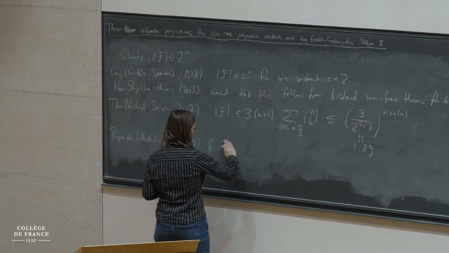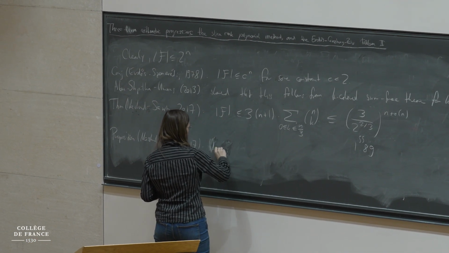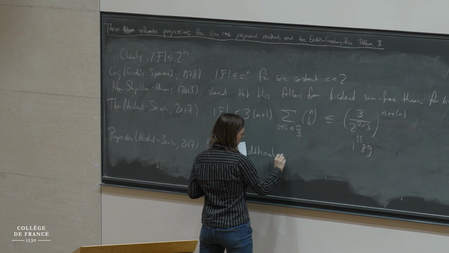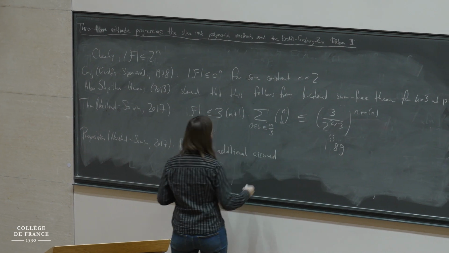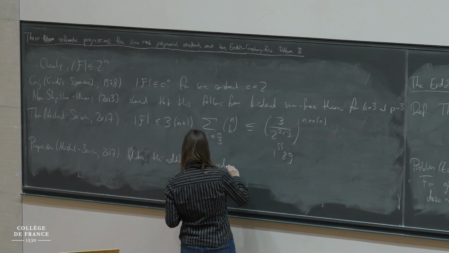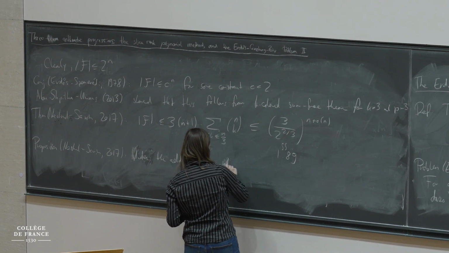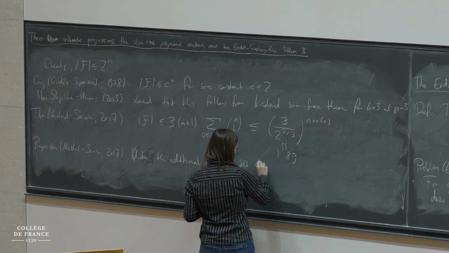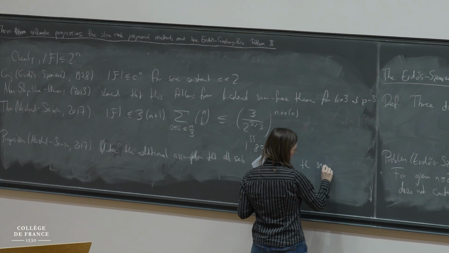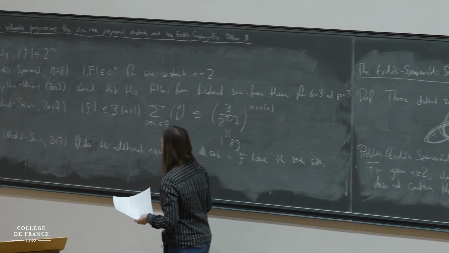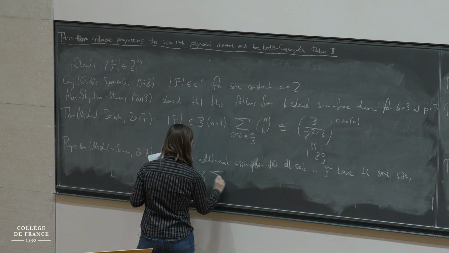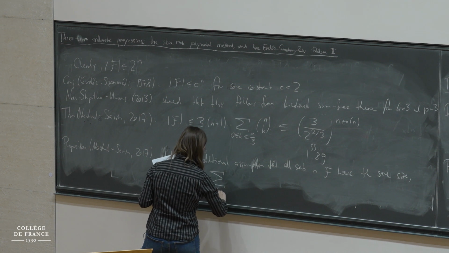So let's say under the additional assumption, so it's still assumed, and for time reasons I'm not writing this out, that F doesn't have a sunflower, but under the additional assumption that all sets in F have the same size, they proved that then F has size at most 3 times the sum of binomial coefficients.